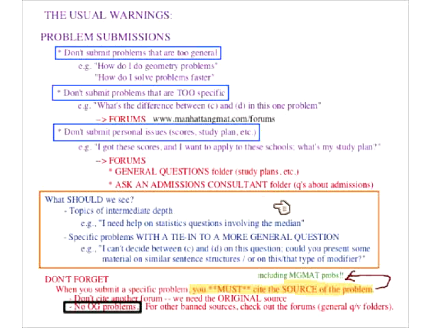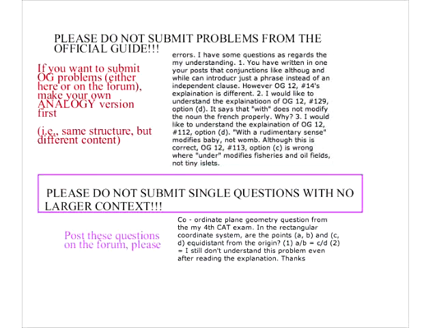You need to relate that to some more general question, because if it's a single problem, we already have a forum that is dedicated to such things. So please take those problems to the forum and post them there. This is not the place for that. So smiley face if you understand these two things in particular. Click the smiley face icon if you do.